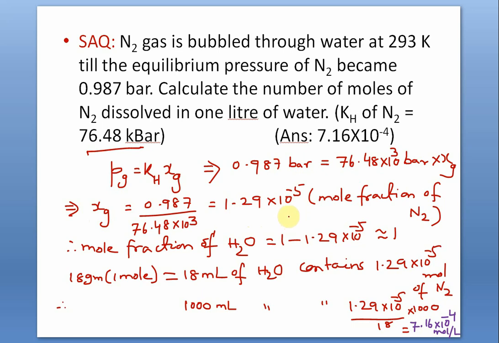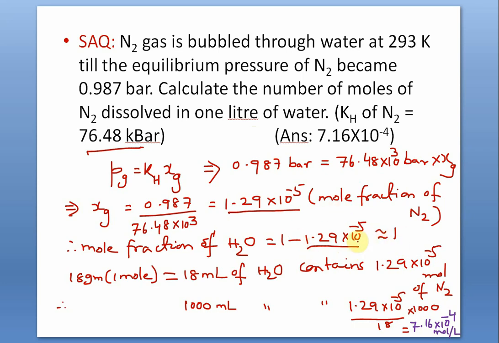What does it mean? It means in 1 mole of solution, this many moles of nitrogen is there. So 1 minus that will be the number of moles of water in 1 mole of solution. Intuitively, we will not be foolish to incorporate this calculation. So this is approximately equal to 1.